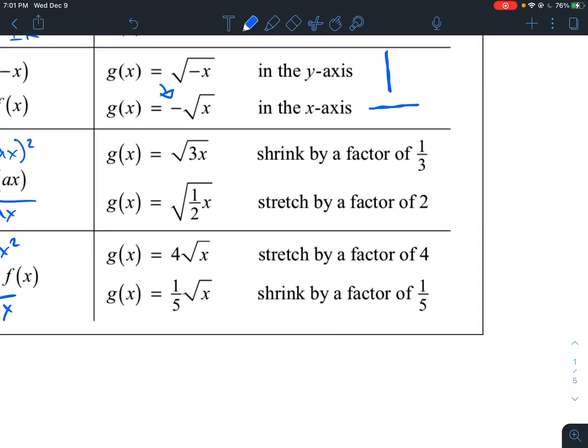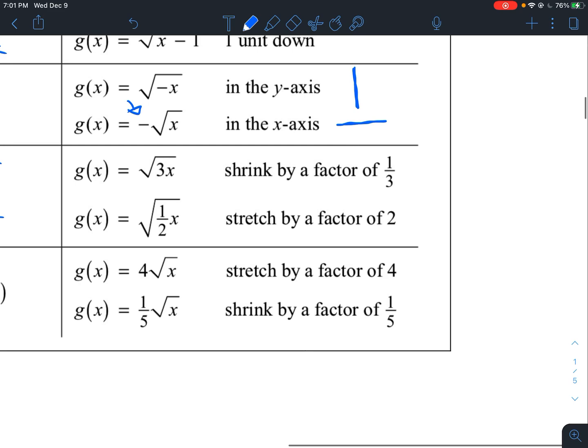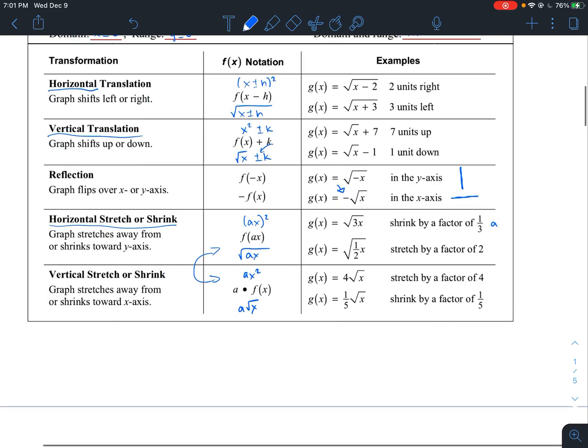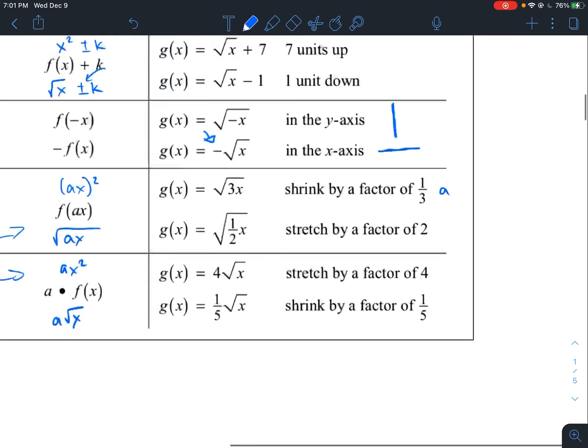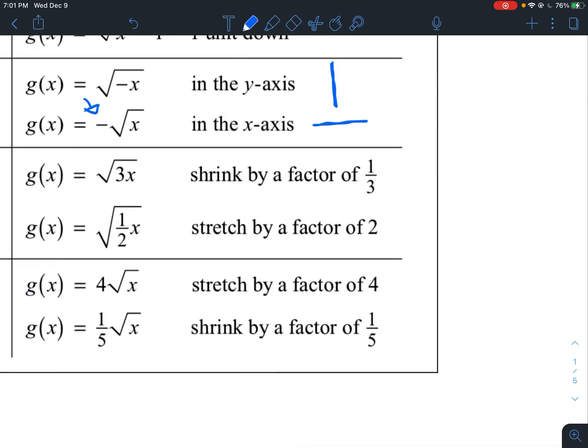For a horizontal shrink, a has to be greater than 1, and the factor will be 1 over a.